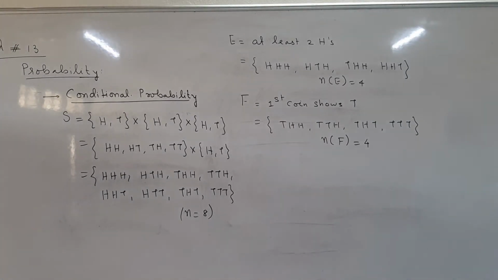Students, what I have done, try to understand. I have taken the sample space of tossing 3 coins once or 1 coin thrice, the sample space is the same. Based on the sample space, I have defined 2 events. Event E, at least 2 heads occur, and event F, first coin shows tail.